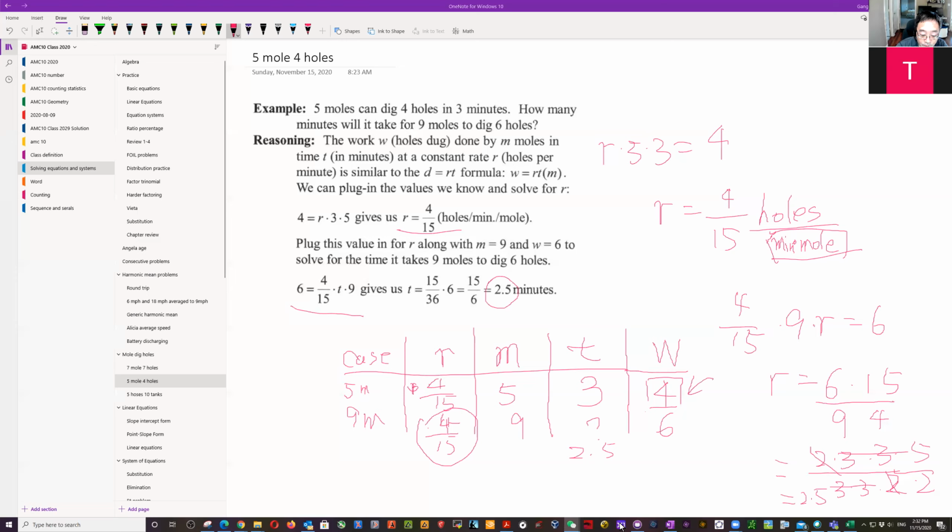here, if we take this line, for example, multiply 5, multiply 3.